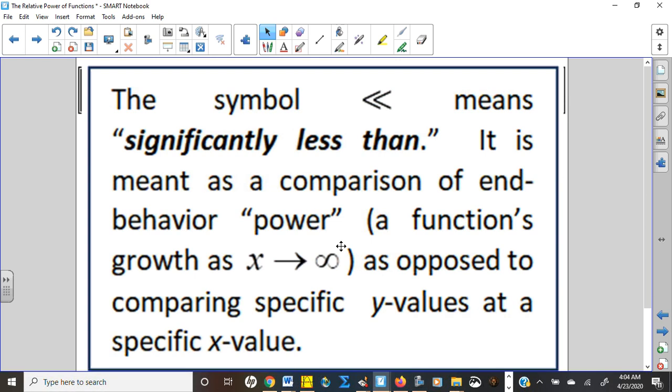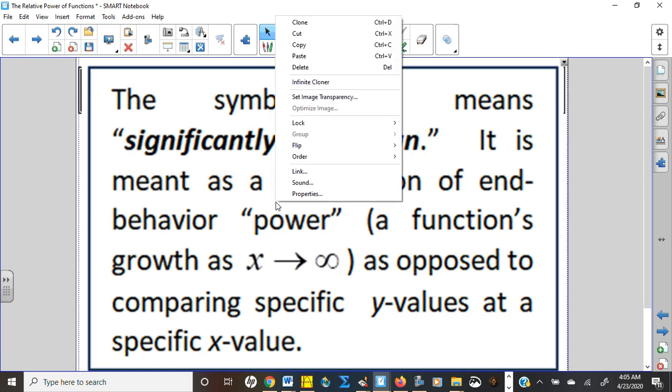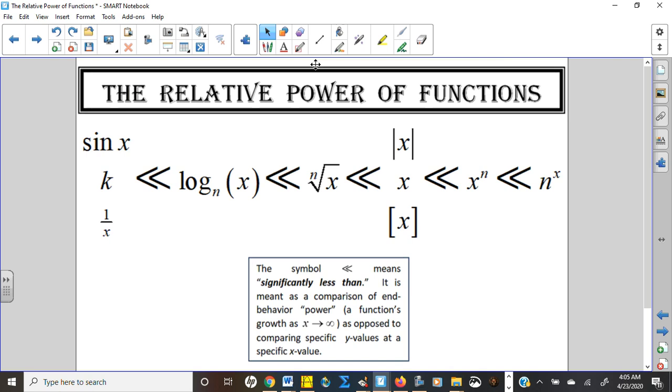It's not meant to compare just specific values. Obviously we could say that 2 is significantly less than 15 billion. But this is really more of a symbol meant to compare functions as they move on and on, primarily towards end behavior is what we're getting at.